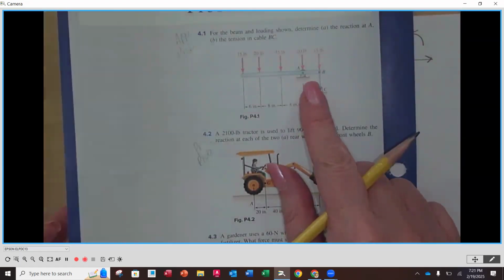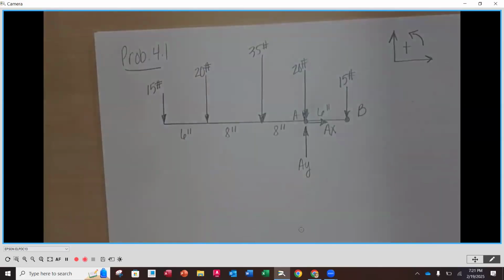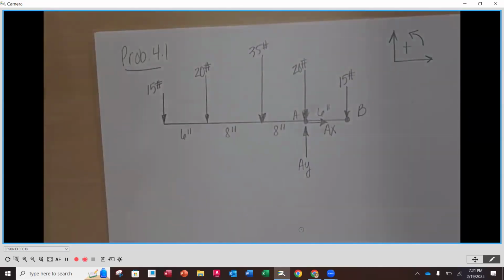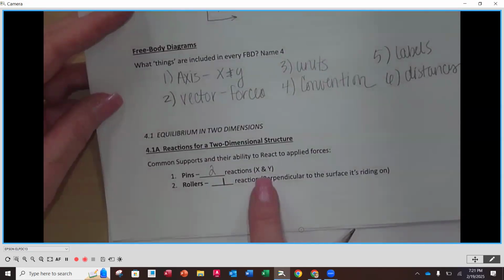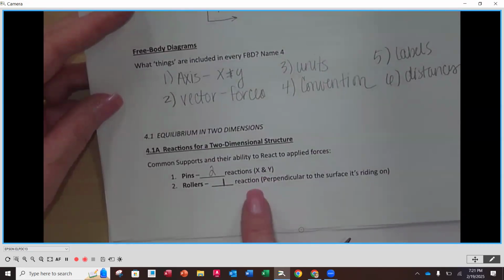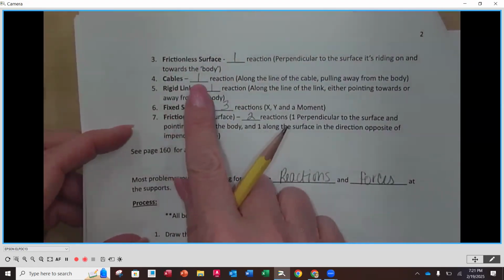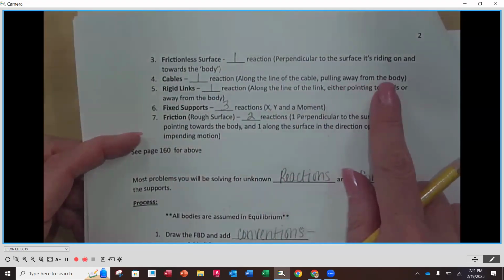B is a cable. Now, if we recall from our guided notes, I guess I'll show you the pin. The pin was the first one on the first page, two reactions in the X and Y direction. A roller is one perpendicular to the surface, and our cable is one along the line of the cable, pulling away from the body.